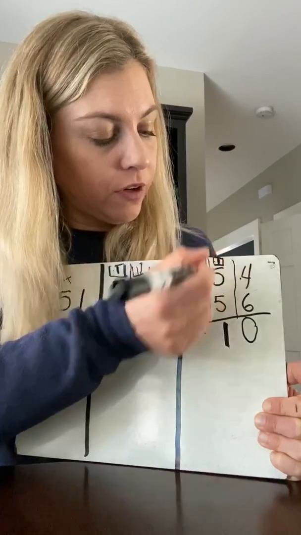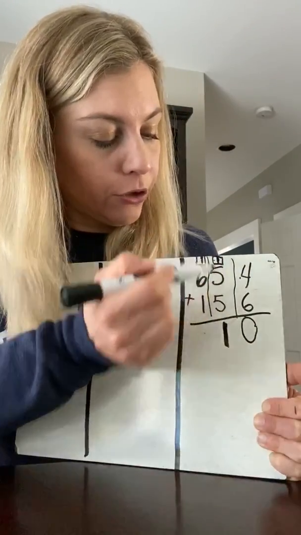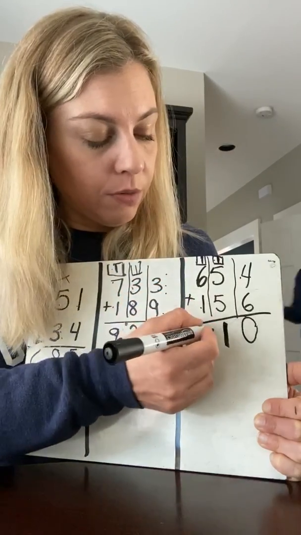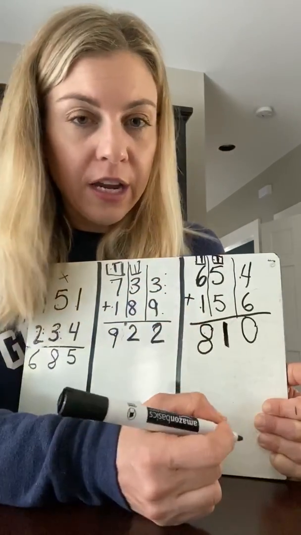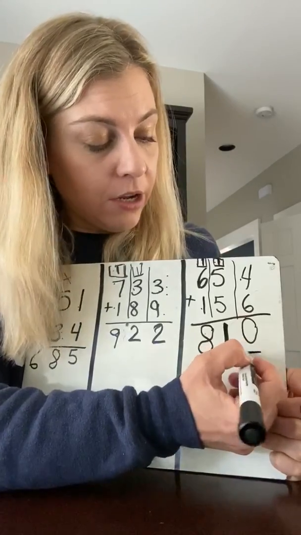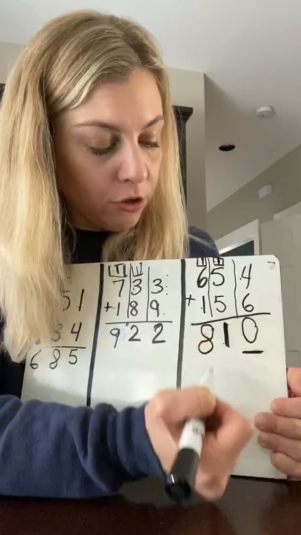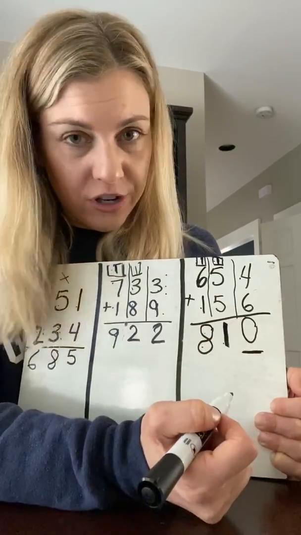So I had to move a 1 up there again, which is really a group of 100. 1 plus 6 is 7, and 1 more is 8. Your answer was 810. So you have 0 ones, which is fine. 1 group of 10 and 8 hundreds.